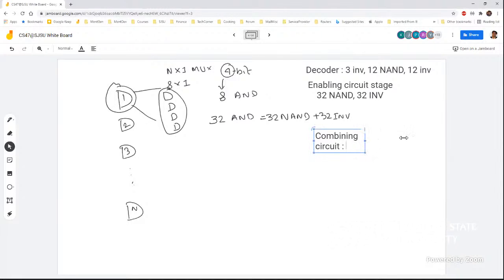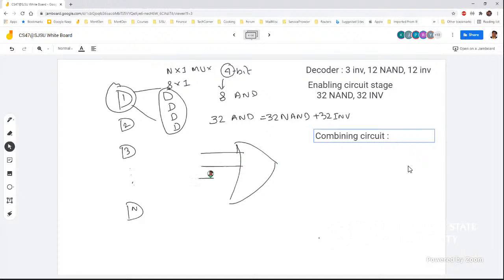Which is nothing but a big giant OR, right at this point somewhere, combining these 8 individual lines, each of them 4-bit. This is a 4-bit 8x1 multiplexer. So in this case, you can imagine you have 4 of them, individual bits.